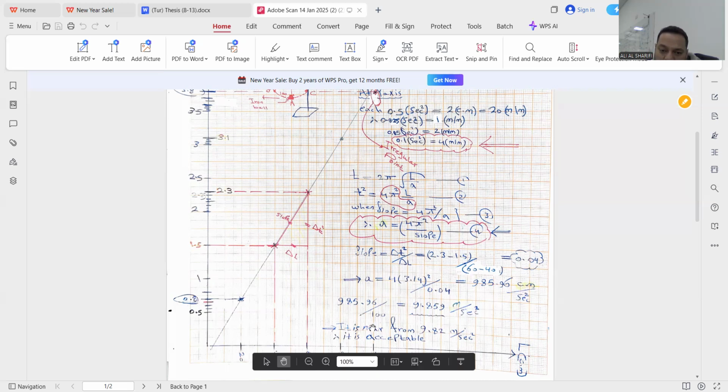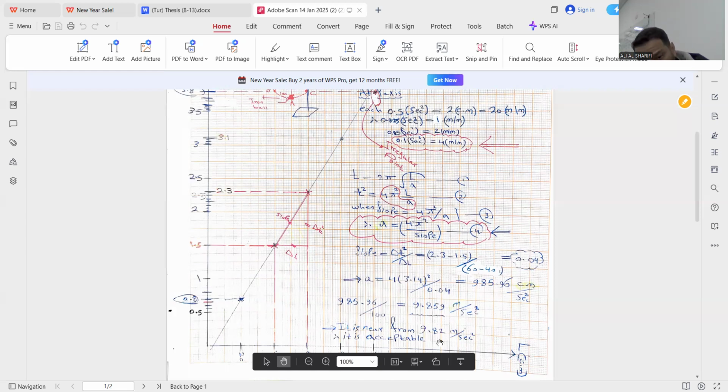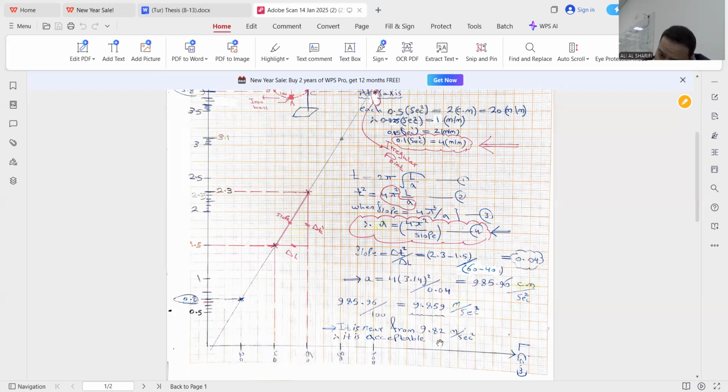To convert it to meters per second squared, that will equal 9.8596 meters divided by second squared. It's near the right result, 9.82 meters divided by second squared. That means my result is acceptable.